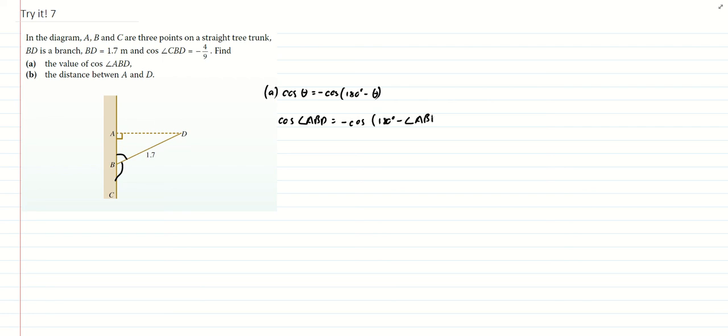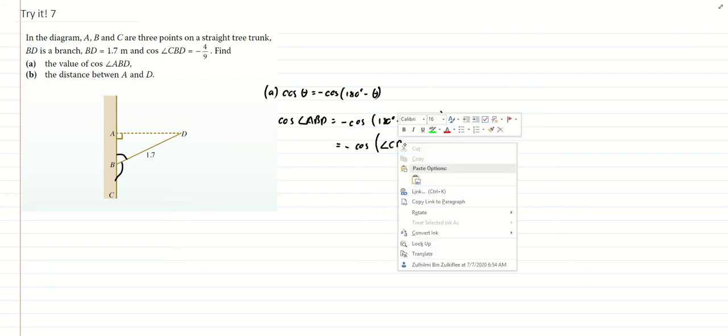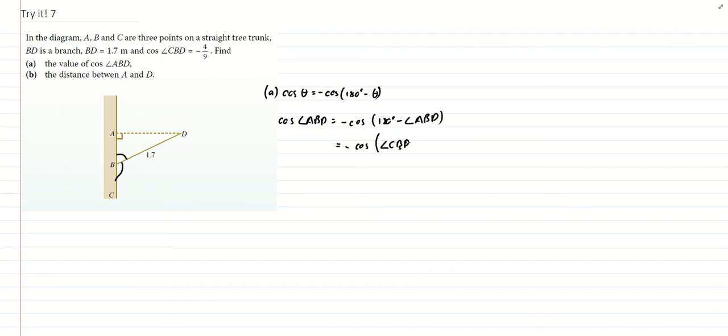And 180 degrees minus angle ABD is the same as angle CBD. So it equals the negative of cosine angle CBD. And the negative of cosine angle CBD is simply negative 4 over 9 as given in the question over here. So negative 4 over 9. So now we have cosine angle ABD is simply 4 over 9.